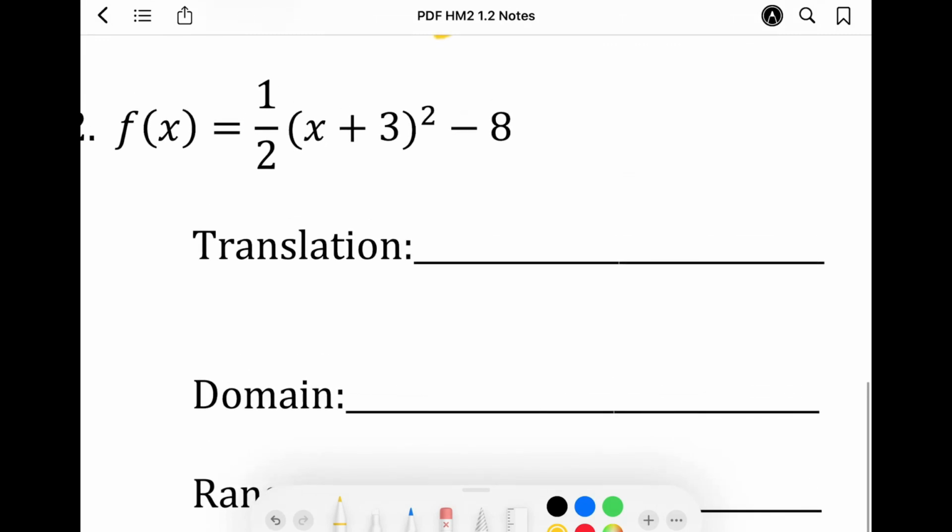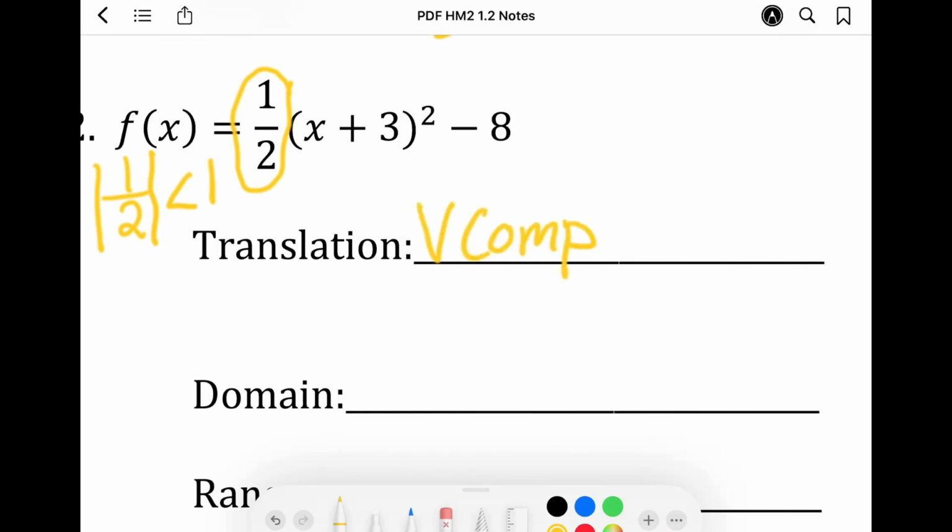Now what about number 2? Number 2, we got a lot of things going on. Let's color code as much as we can. 1/2. Well, absolute value of 1/2 is less than 1. So that means we're going to have a vertical compress.